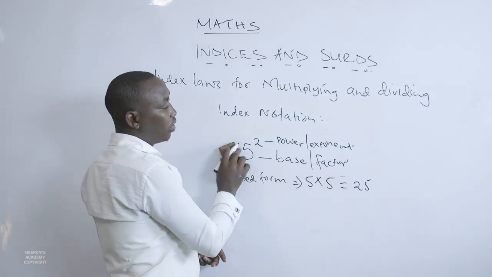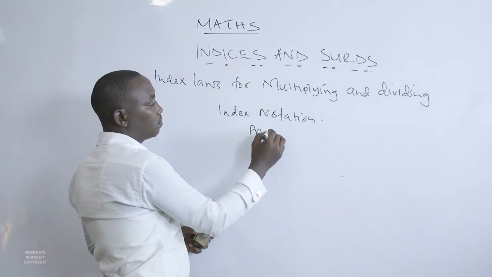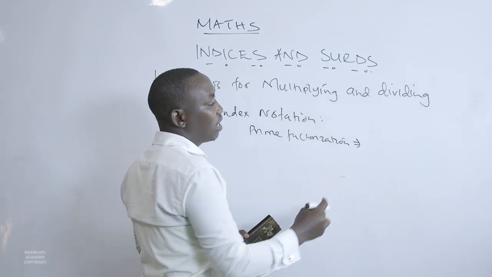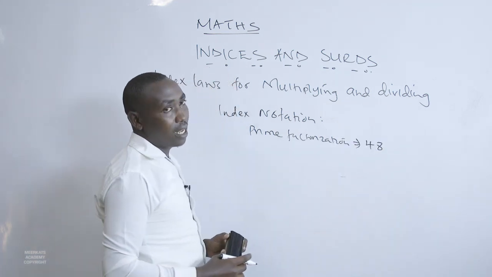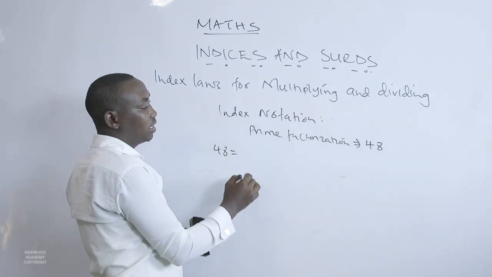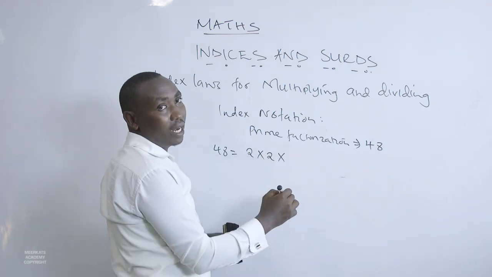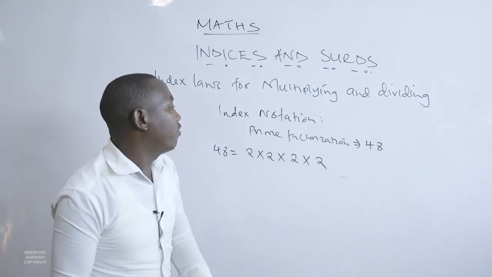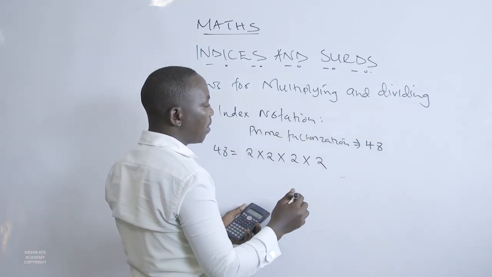We were able also to look at prime factorization, where we say that if you are given a number like 48 and you write it in its prime factors, then 48 can be written as 2 multiplied by 2 multiplied by 2 multiplied by 2, which of course results to 16.